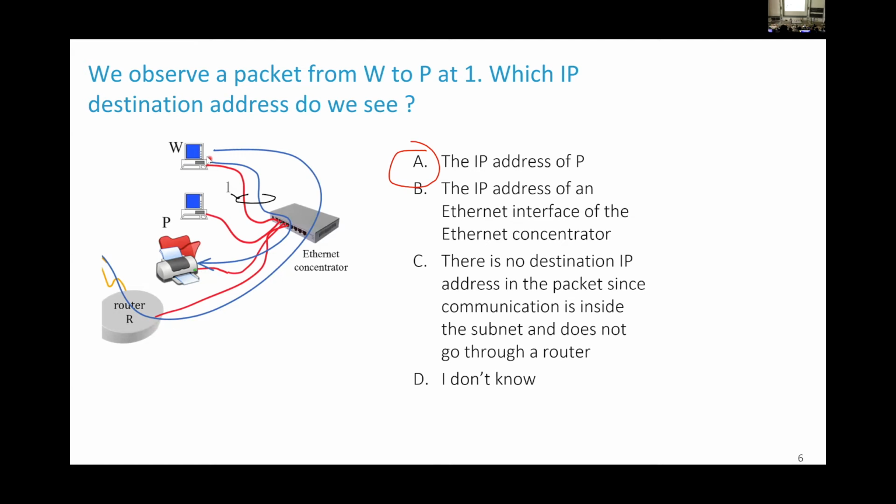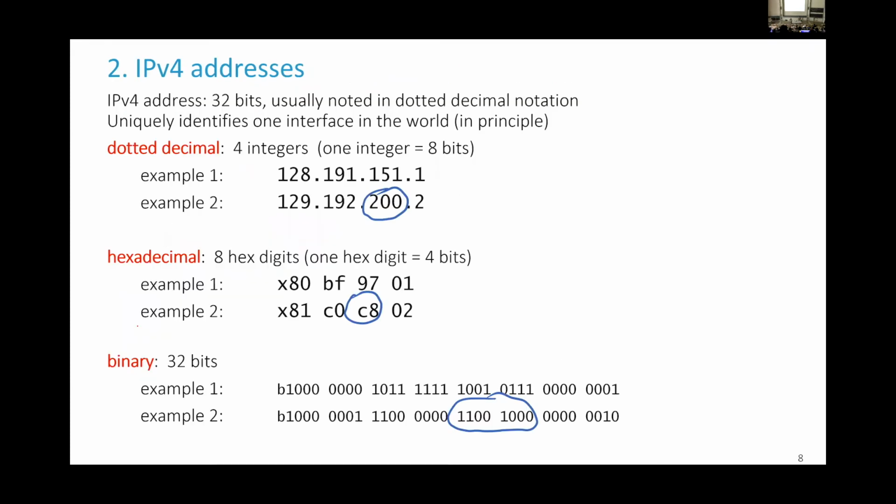But if it has a packet to send to P, it will use the MAC destination address of P. Therefore, the router will not receive it, and we will satisfy IP principle number 2. Voilà, this is how the principles of IP are. As we will see in a few more minutes, there are violations of that, but they are very specific and limited to some context.